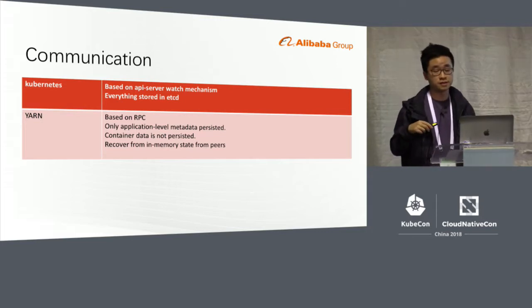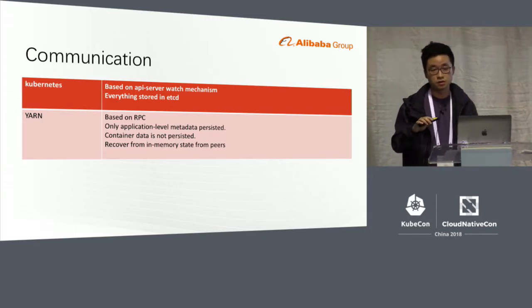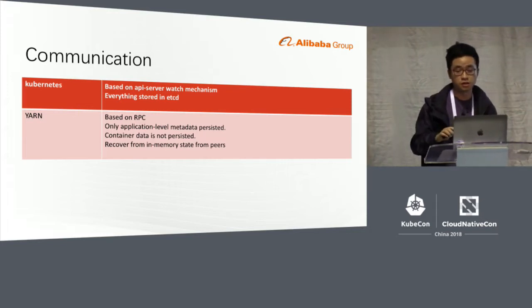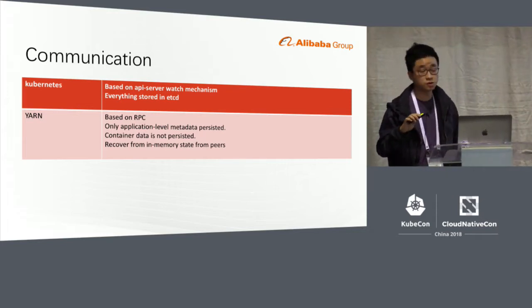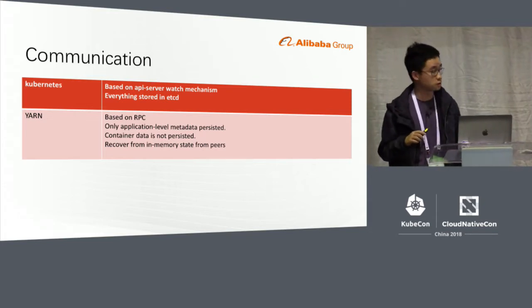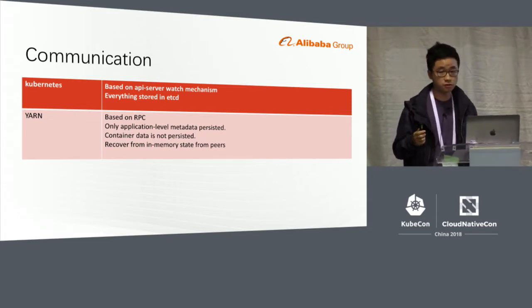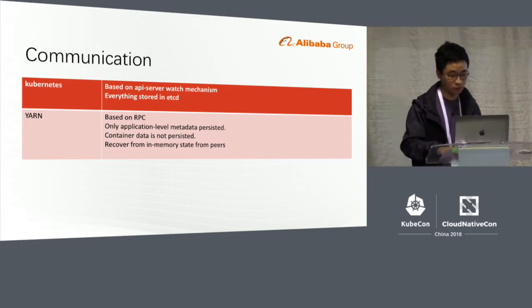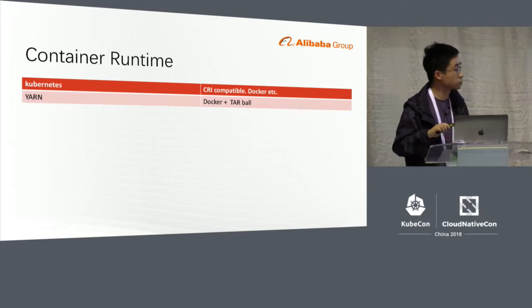However, Kubernetes puts all of that in etcd. It is also very easy. You can get the information you want from etcd. This is the difference between Kubernetes and YARN. With YARN, it's a big collection, so the collection performance is not so good compared with Kubernetes.